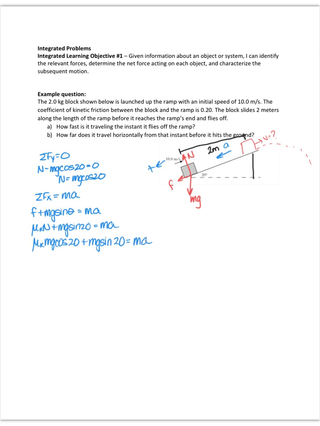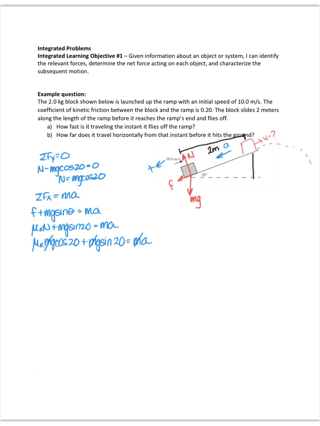I noticed a lot of you like to calculate the force of friction and the normal force before you start into the rest of the problem, and that's all well and good, but I would say that's a total waste of your time. If I get to this point, notice that I see that my mass cancels out all the way through, and so those calculations really didn't accomplish anything.